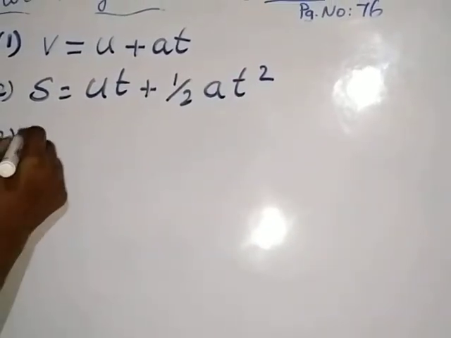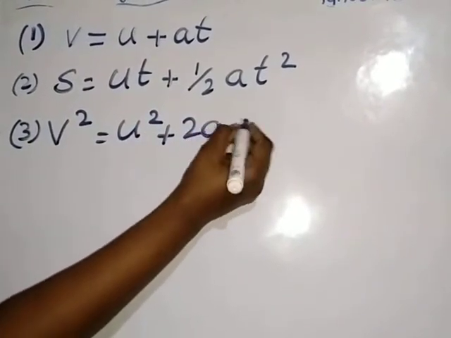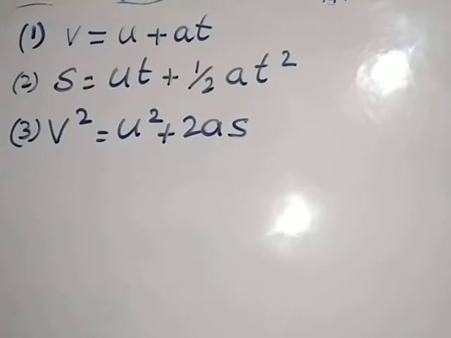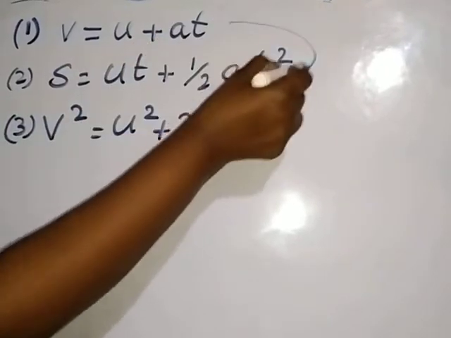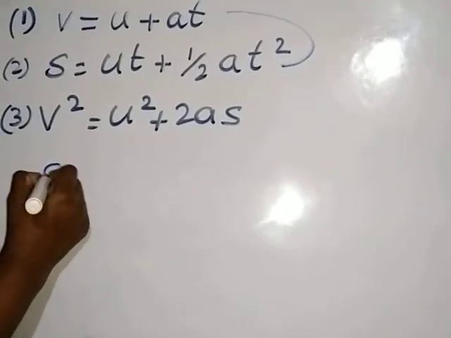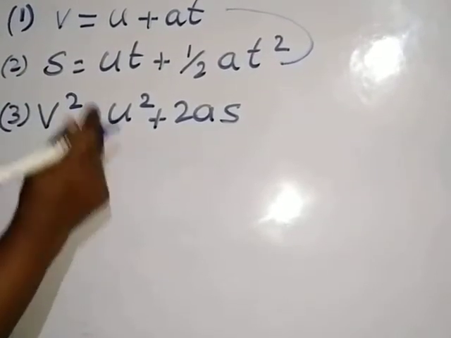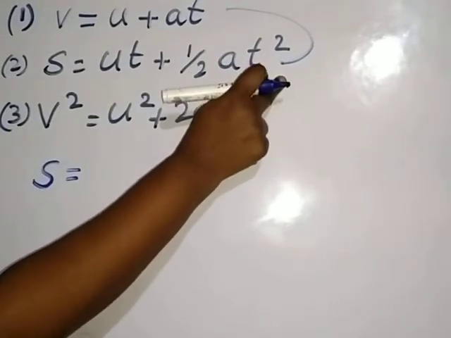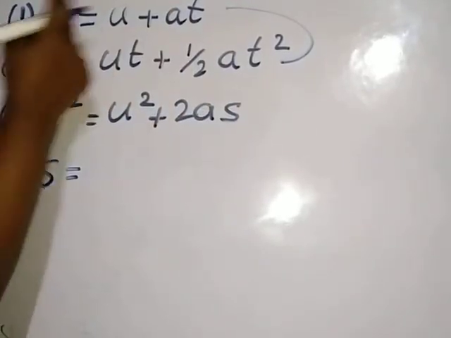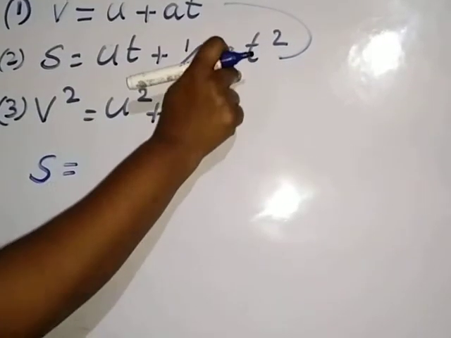The third equation is v squared equals u squared plus 2as. Now by combining first and second, we can form another equation for s. So s equals ut plus half at squared. From equation 1, find the value of at and substitute in this term.